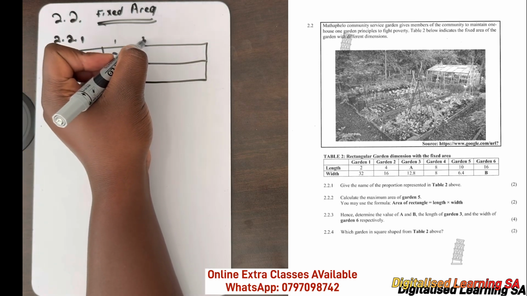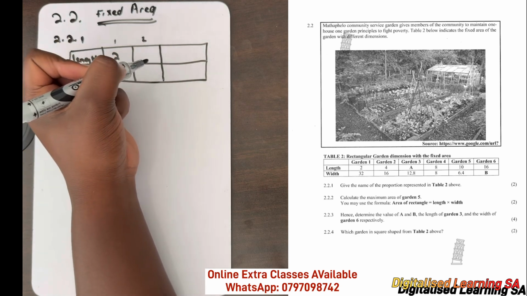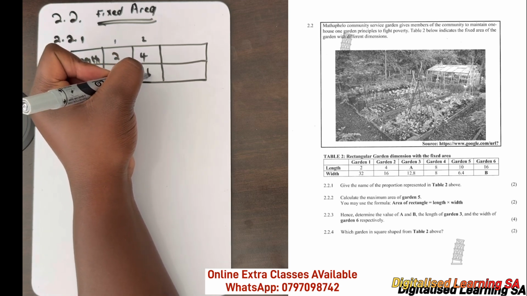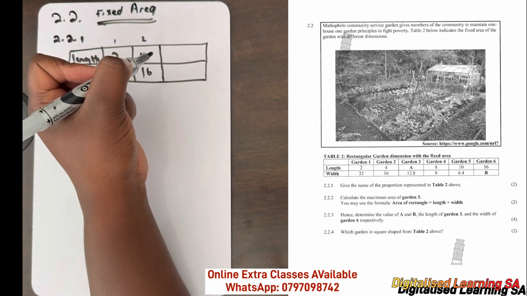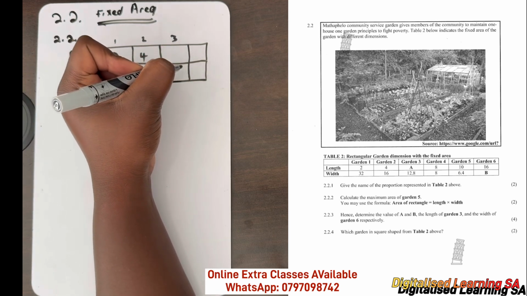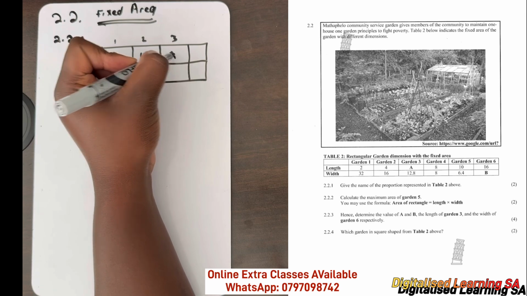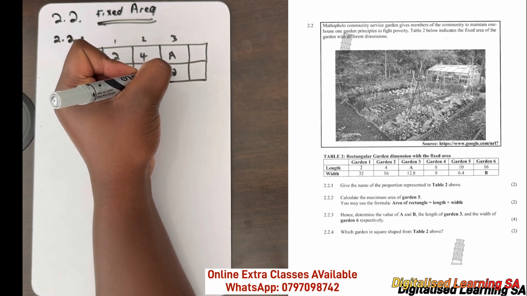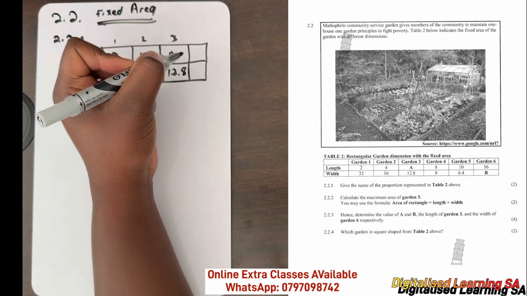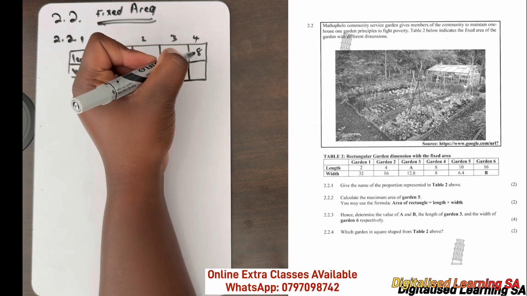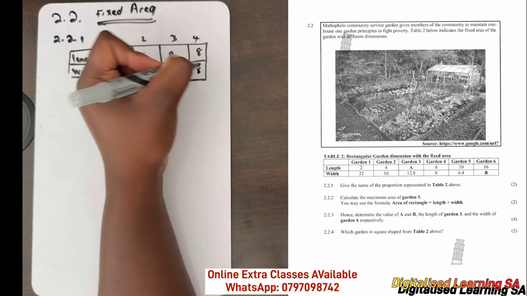For garden 2, the length is 4 and the width is 60. For garden 3, our length is not given, but our width is 12.8. And for garden 4, our length is 8 and our width is also 8.